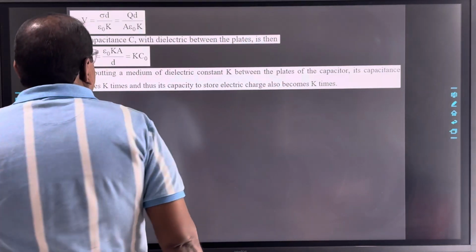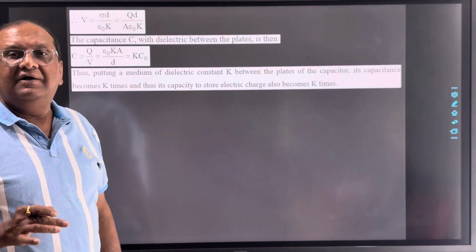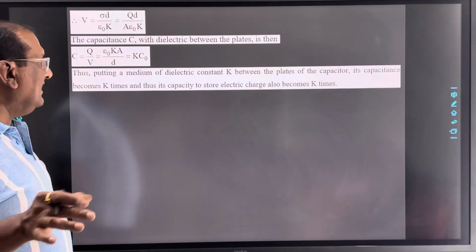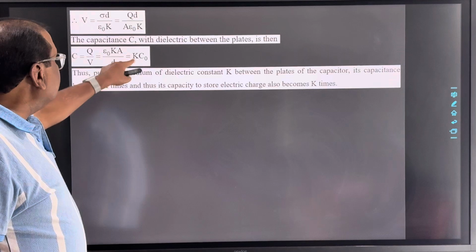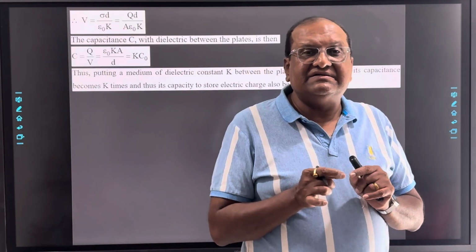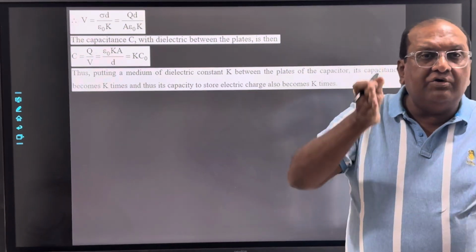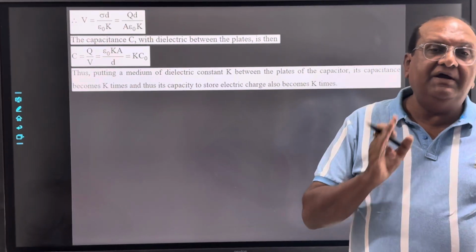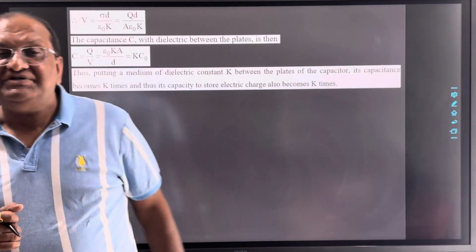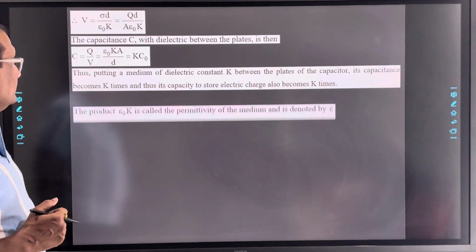Here this K is known as the dielectric constant of that particular dielectric medium or substance. So when a dielectric substance having dielectric constant K is introduced between two plates of the capacitor, the capacitance of the capacitor is increased by K times.